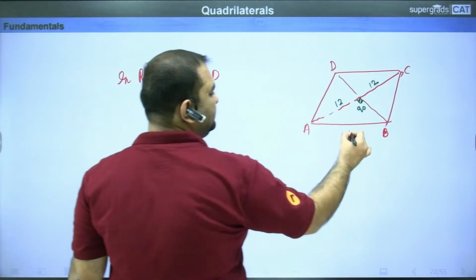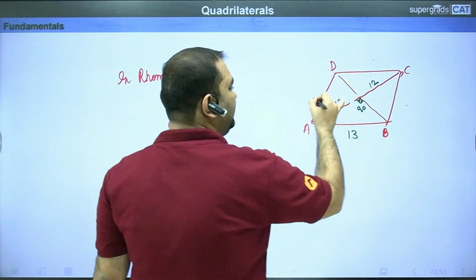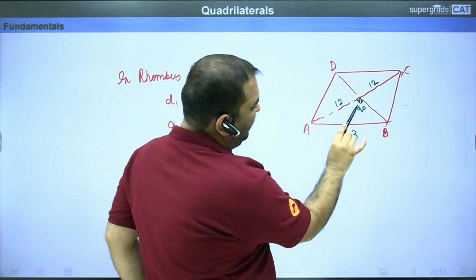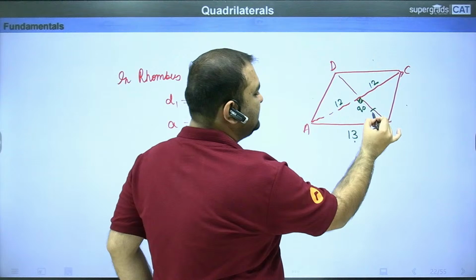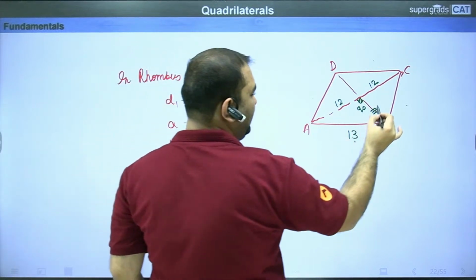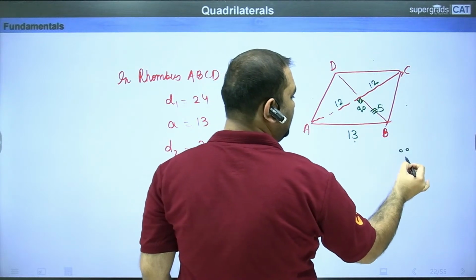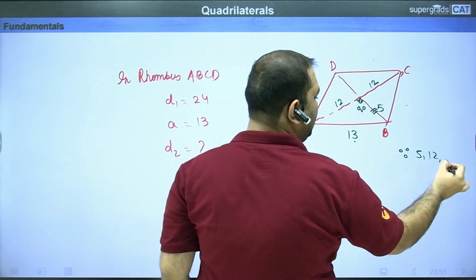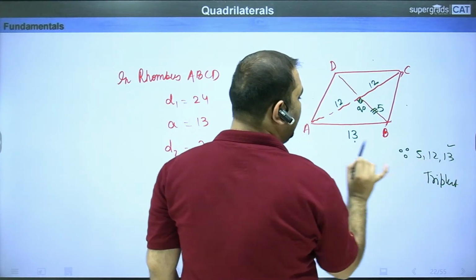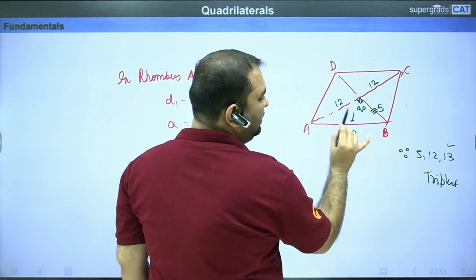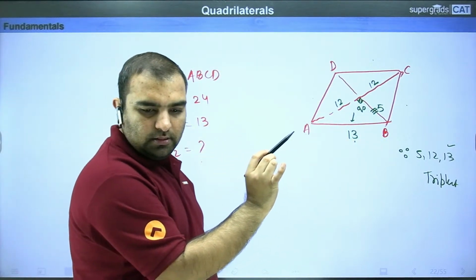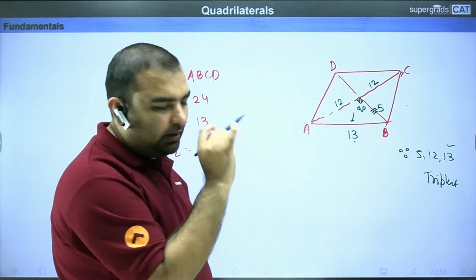Side is 13. All sides are 13 only. One half-diagonal is 12. Right angle triangle with hypotenuse 13. What can this be? By applying Pythagoras, 5. 5, 12, 13 is a famous triplet. 13 is the hypotenuse, then 12 and 5 are the other sides.